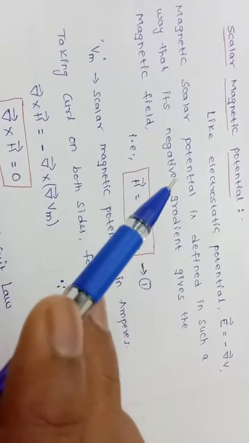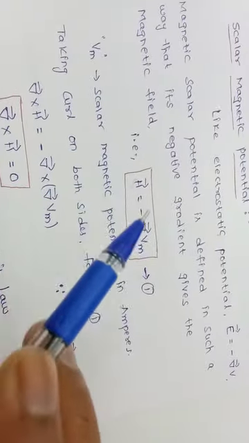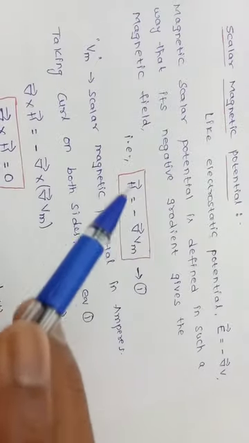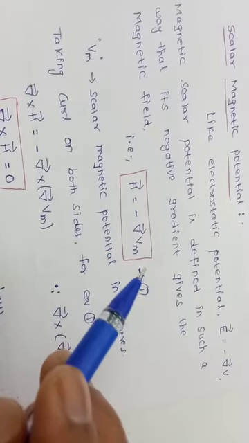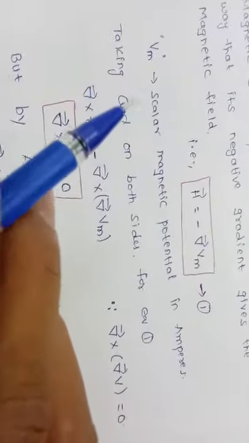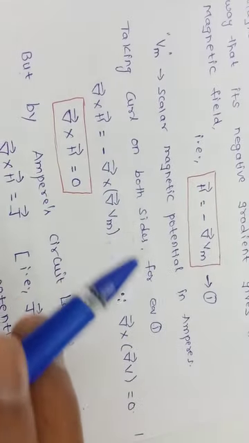Observe that its negative gradient gives the magnetic field. Similar to the electrostatic potential, here also the same thing applies. Let us consider this as expression number 1, where V m, we know, is the scalar magnetic potential in amperes.